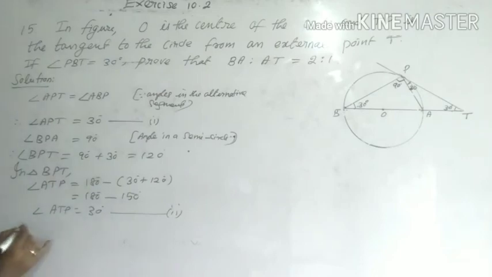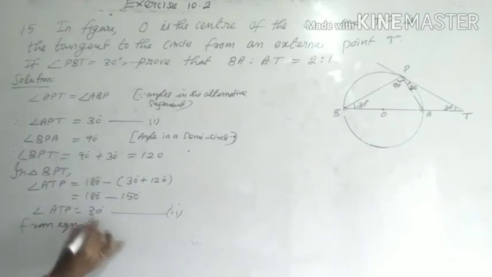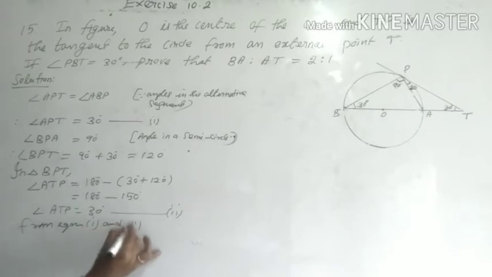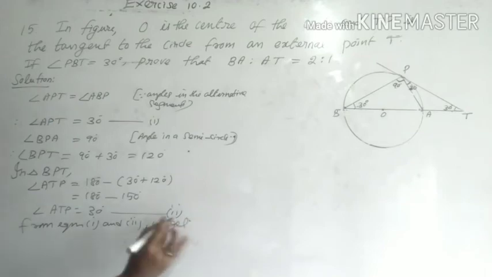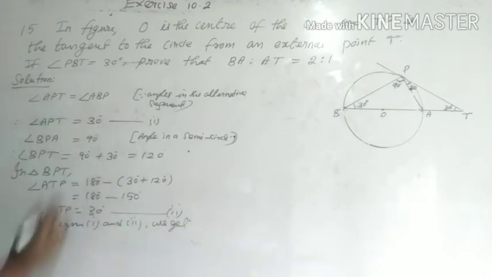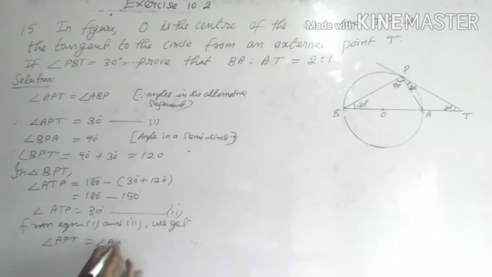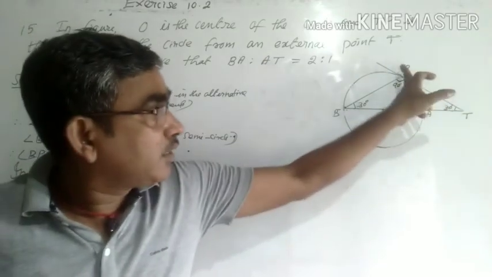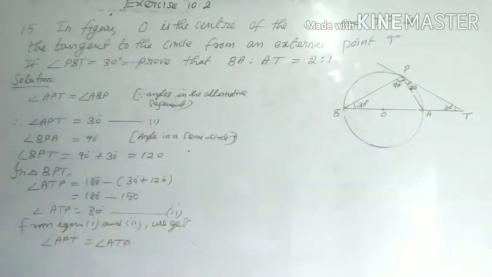Okay, from equation 1 and equation 2, we get 30 equals 30. Angle APT is equal to angle ATP. When the two angles are equal, then PA equal to AT.